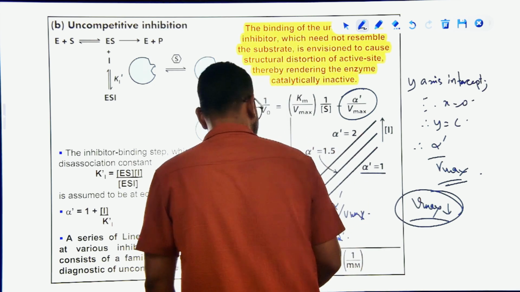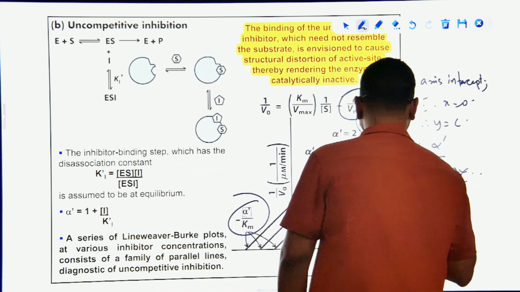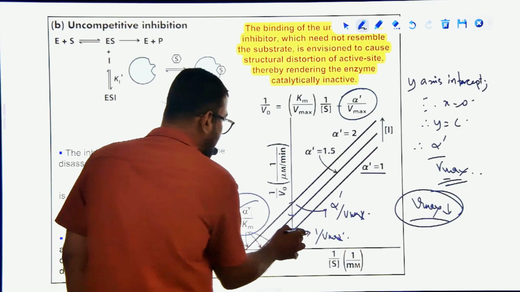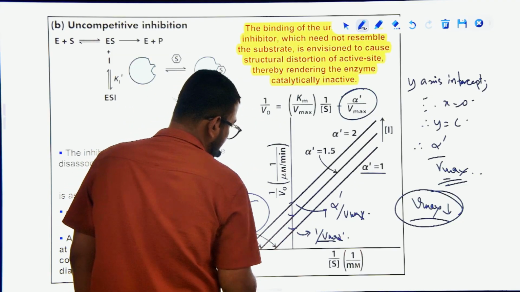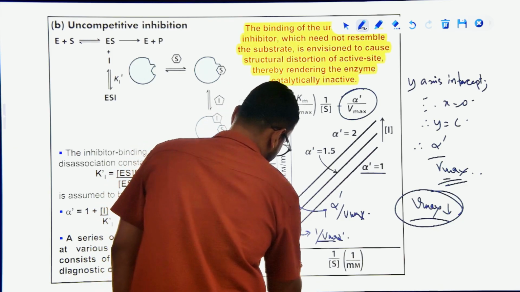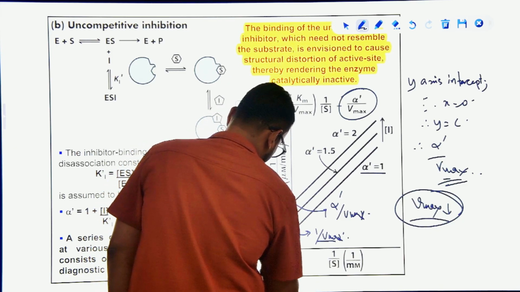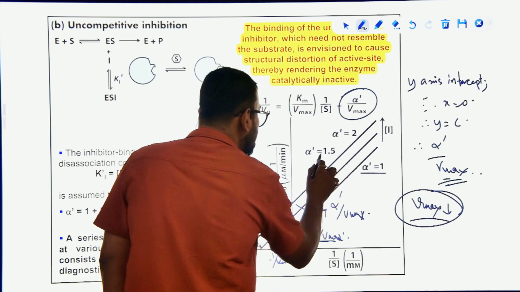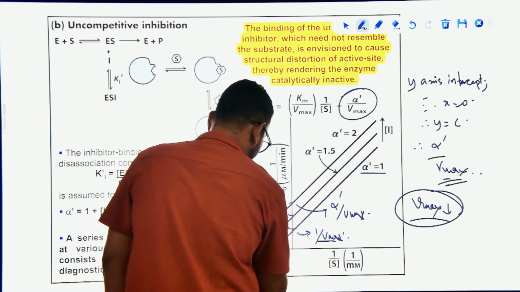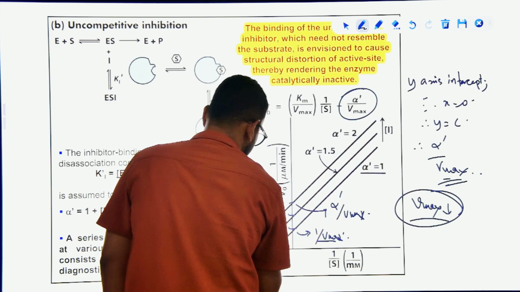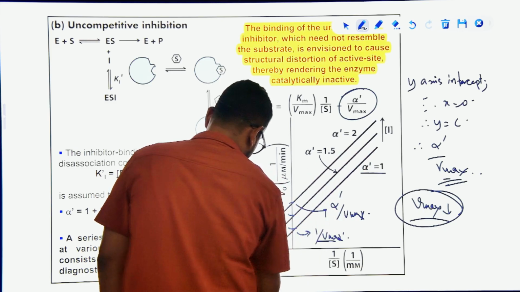And on the other hand, minus alpha by Km is our x-axis intercept. As you can see, without inhibition the value is minus 1 by Km. For inhibition it can be minus 1.5 by Km, and for this one, minus 2 by Km.